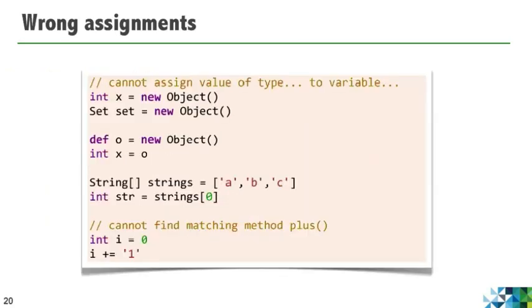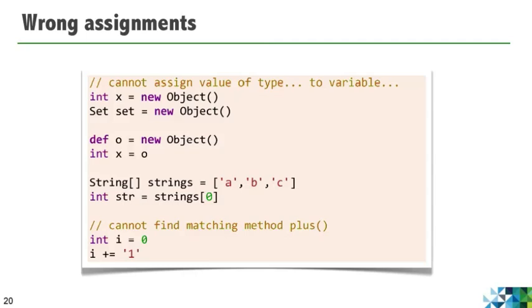Then another example about wrong assignments. When you assign an object into a primitive type, like on the first line, the compiler is going to complain because this assignment is not correct. Or if you assign an object to a set, again, the types are not compatible. In the case of the array of string, you cannot assign an element of the string array to an int because a string is not an int.